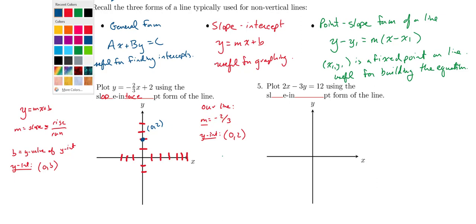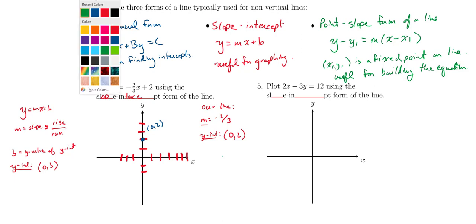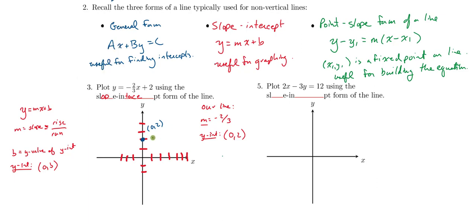Specifically, if I were to start at this point and go over 1, 2, 3 units for the run value, and then rise -2, that's the same as going down 2 units, I would be at another point on this line, and I could plot that point right there.